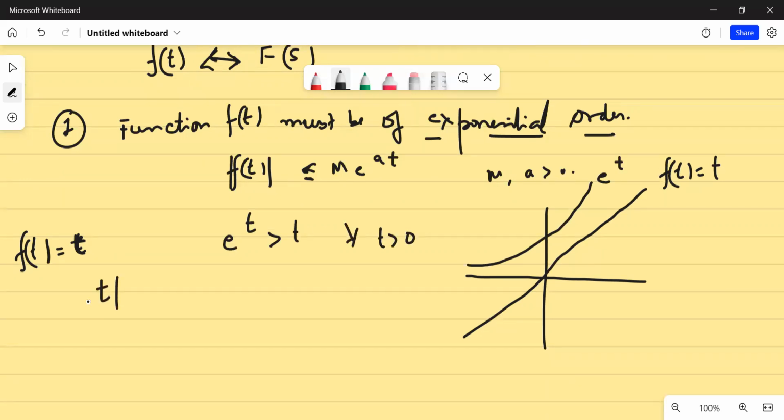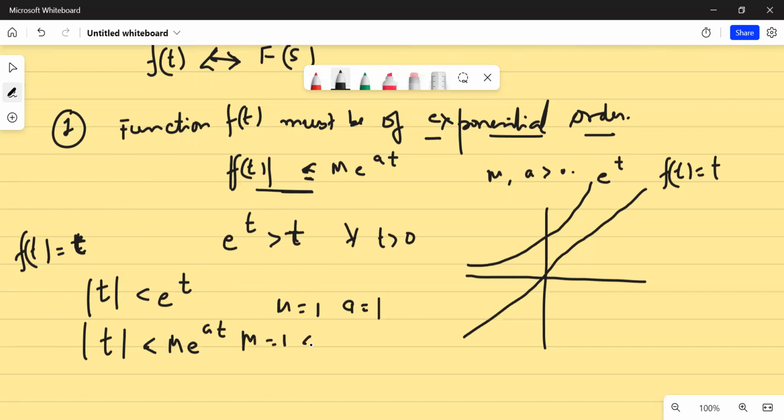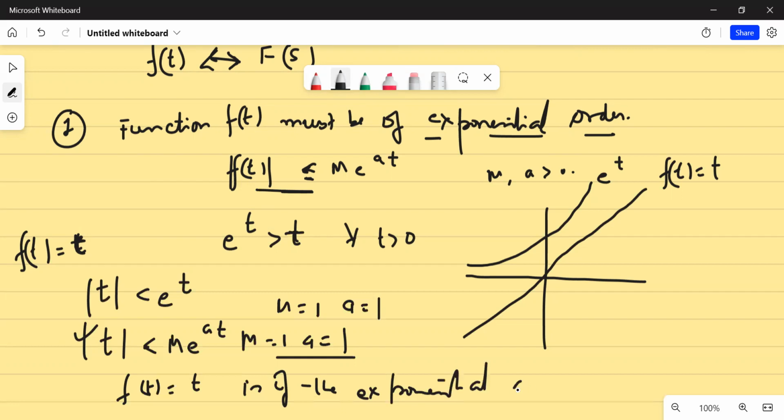Even if I take a mod of it, for a positive quantity it is one and the same thing, but I want to fix it in this format: it is less than e^t. So clearly |f(t)| can be written as less than M e^(at), where M is equal to 1 and a is equal to 1. So you can see that f(t) equal to t is of exponential order.